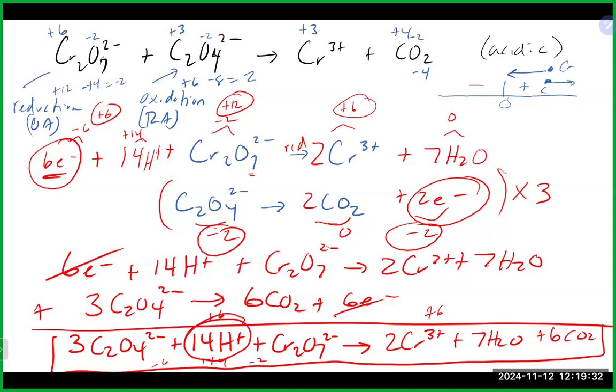Any questions on how to balance redox reactions in acidic conditions, basic conditions, identifying what's being oxidized, reduced, oxidizing agents, reducing agents? Any questions on any of that there? Okay, so clearly that is a very important skill for really what this chapter is kind of about.